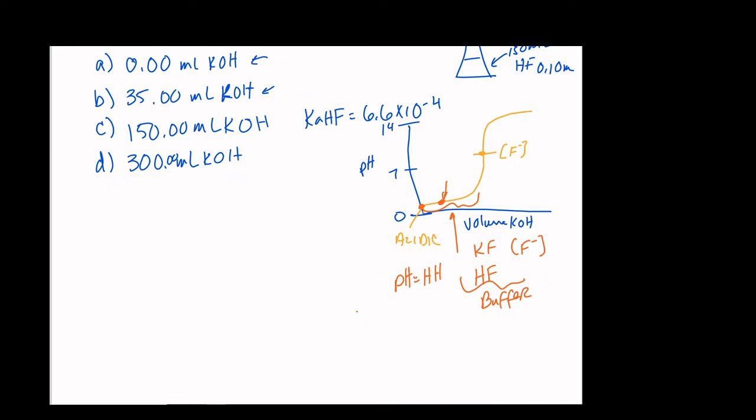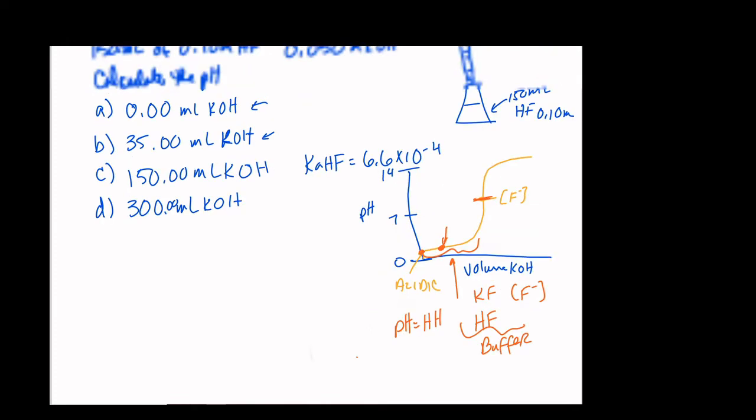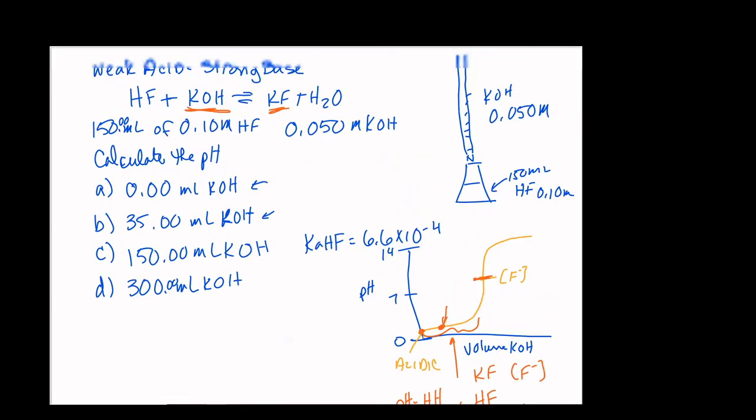All right, so at the equivalence point, when we have no moles of acid and no moles of potassium hydroxide left because they've exactly reacted with each other and everything has been converted to product, we have only the fluoride ion governing the pH, and therefore our pH will be governed by the concentration of the fluoride ion. Okay.